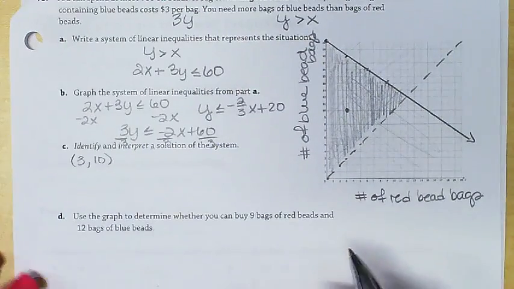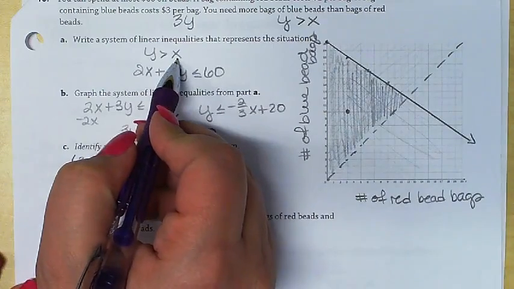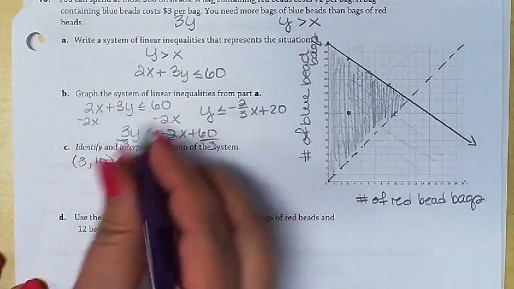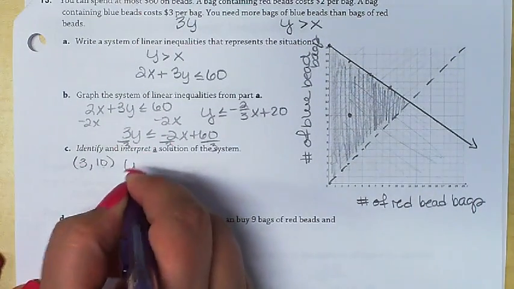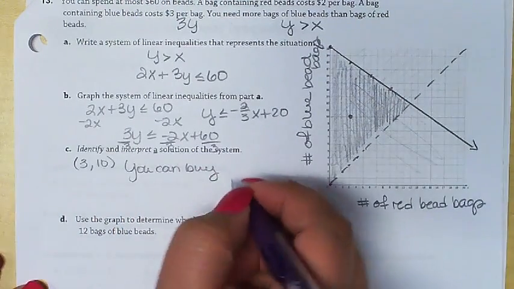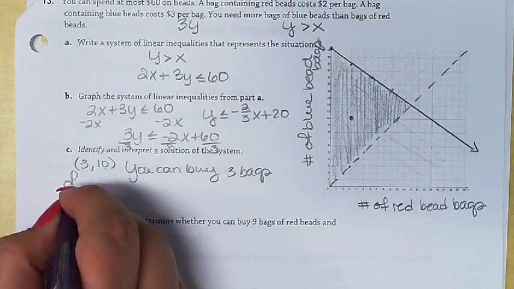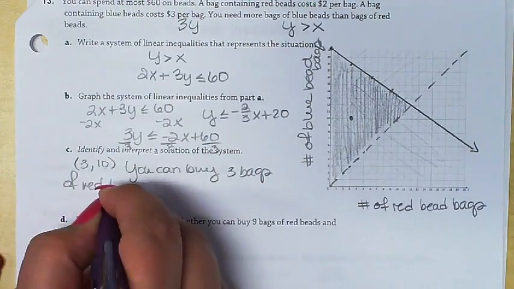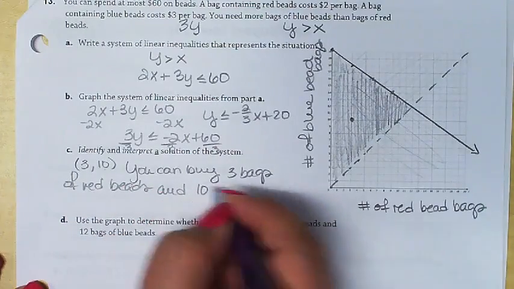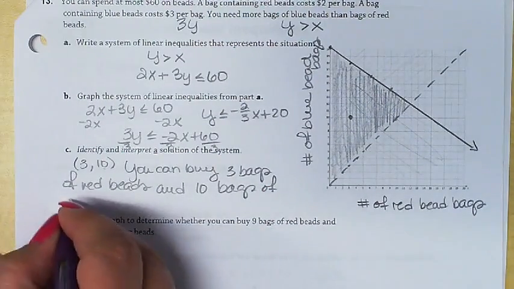More importantly, let's interpret that. Well, what does that mean? Well, X was the number of red beads, and the Y is a number of blue. So this basically means that you can buy 3 bags of red beads and 10 bags of blue beads.